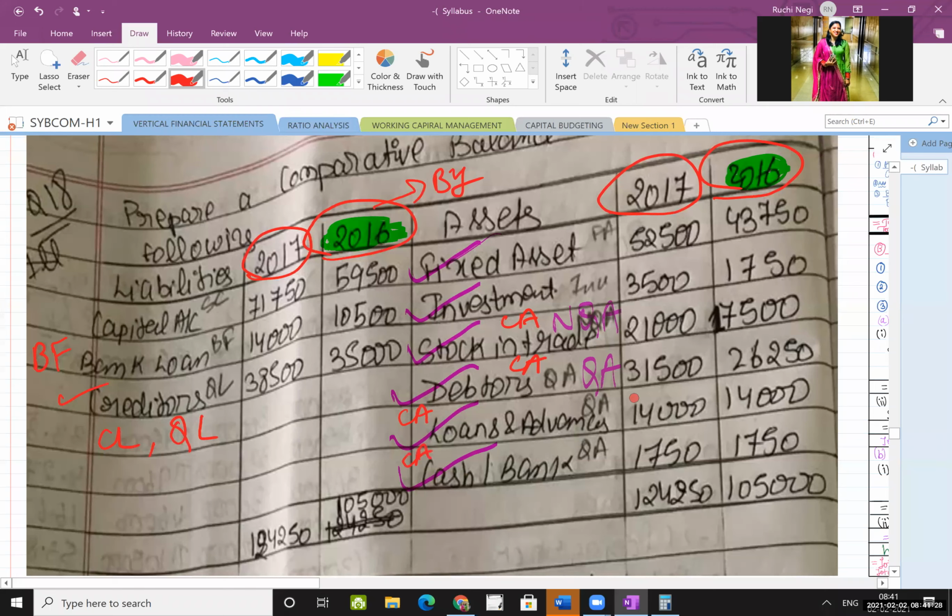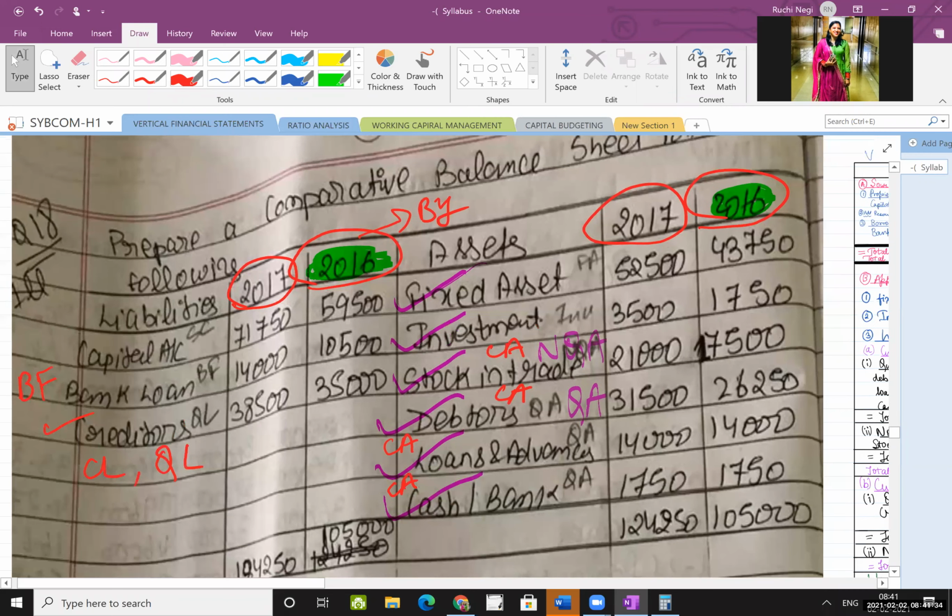Okay, got it? Is the question clear? A very small question just to make you understand the application of comparative statements in a vertical format. Is the question clear to everyone? Acknowledge it in the chat box.